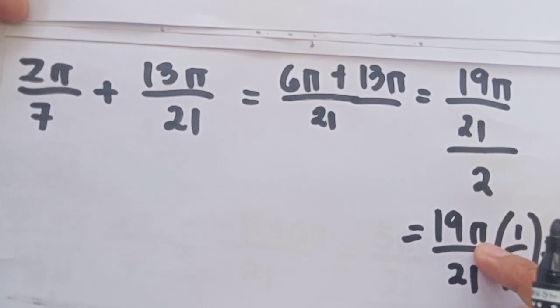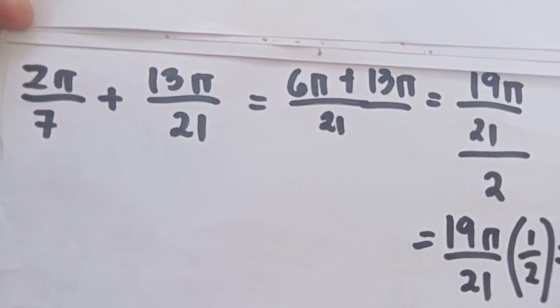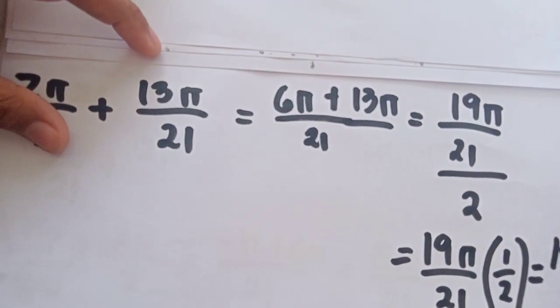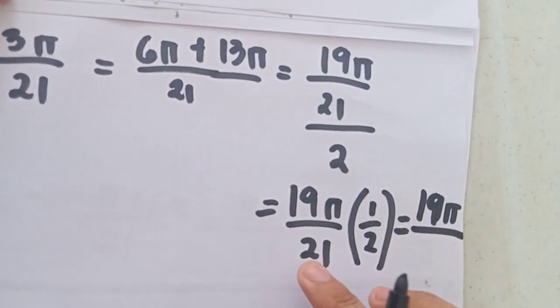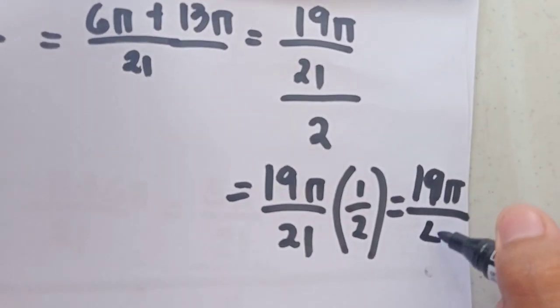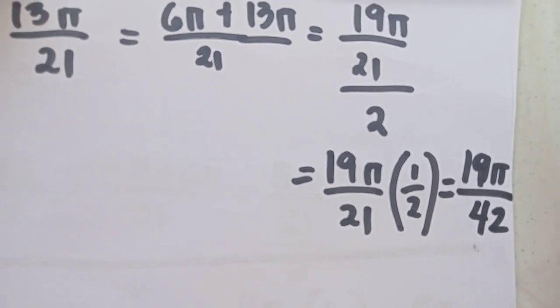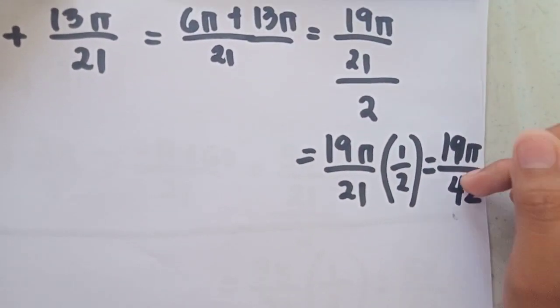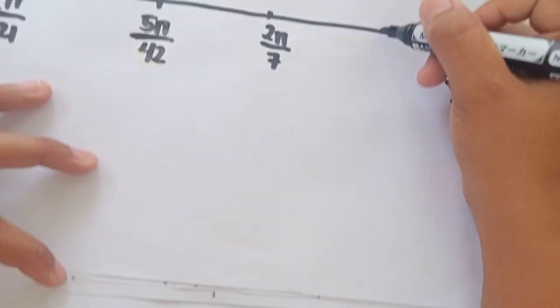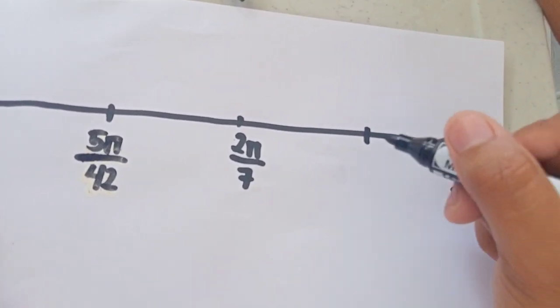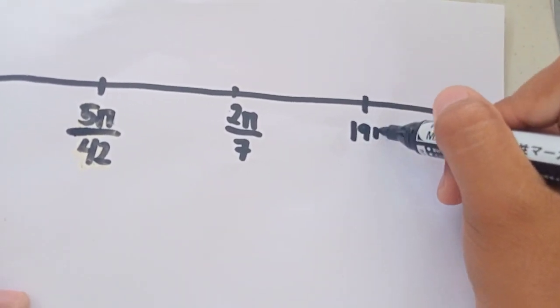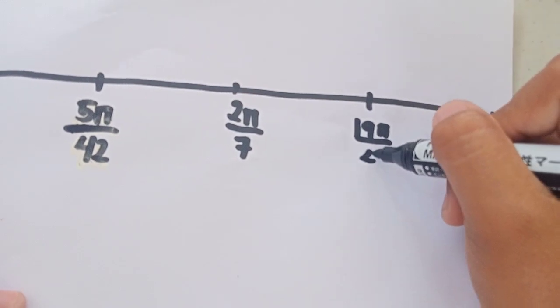So 19 pi times 1 equals 19 pi, and 21 times 2 equals 42. And this is our point here, 19 pi over 42.